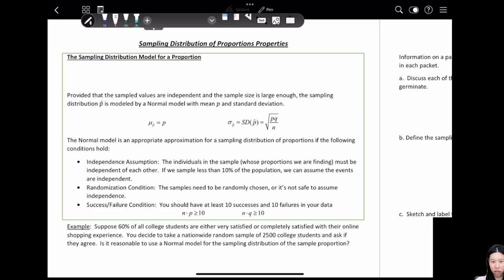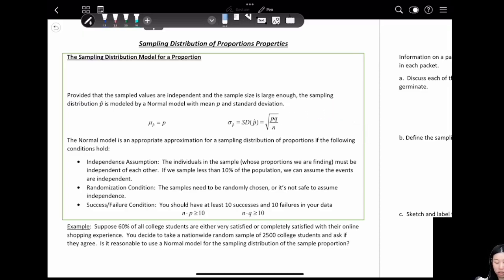So remember q equals 1 minus p. For example, if you're given the proportion p equals 0.23, the failure rate equals 1 minus 0.23, which is 0.77. Okay.